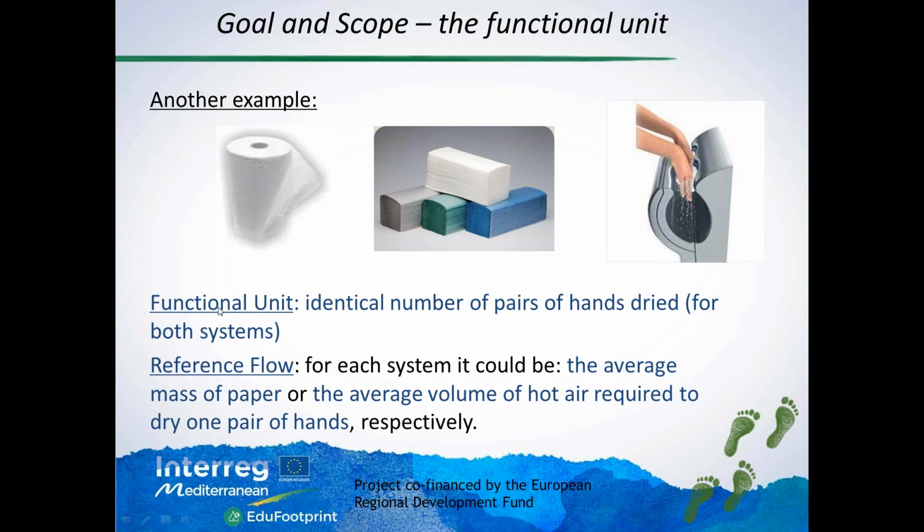Functional unit is just the function of the product you are going to study, and reference flow is the quantity of this functional unit you have to study to reach, in this case, a pair of hands dried.